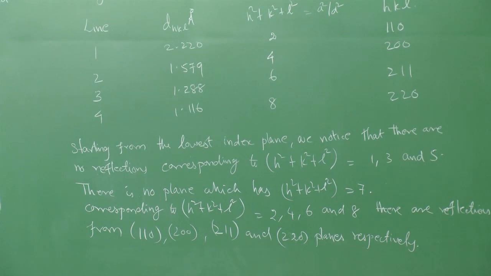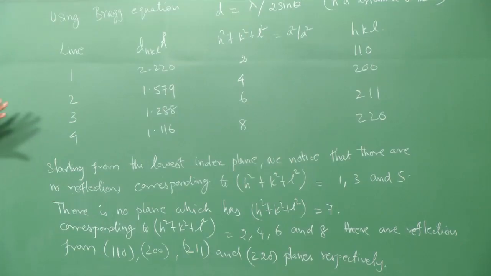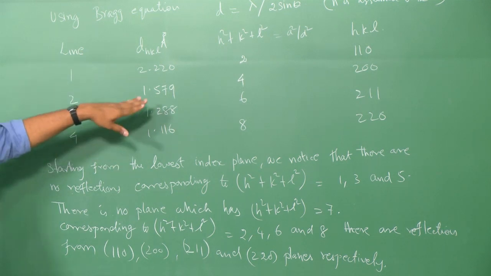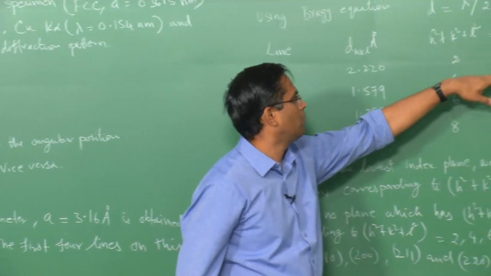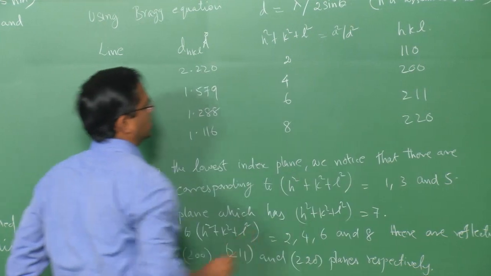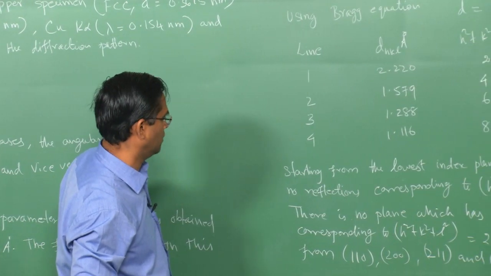So, what we have done is, from the theta values we have found the d spacings, then the corresponding a square by d square values, and then indexed them to HKL planes.